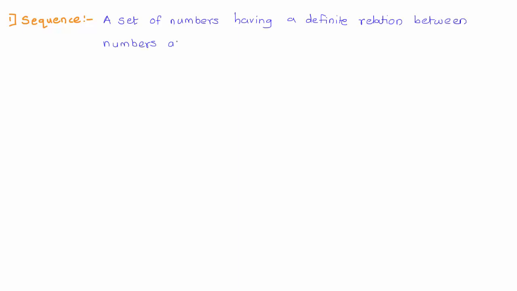Okay students, so the first one is sequence. Now sequence is a set of numbers having a definite relation between numbers and their positions. Okay students, so let us try out some sequences.